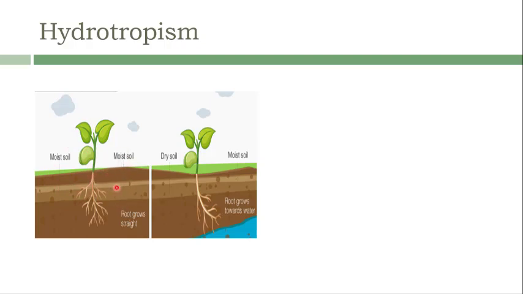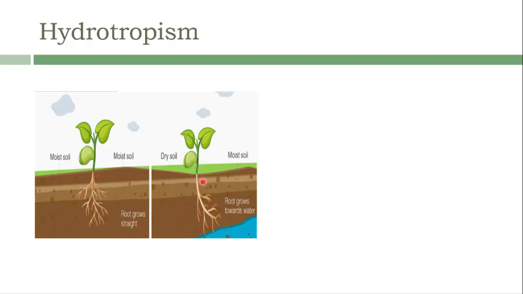If we have moist soil, a soil that also contains some water, and moist soil is present on both sides of the plant, then there is no difference in the concentration of water on both sides of the root, so the root is growing straight. It is not bending towards either side, because moist soil is present on both the right and left sides. In a three-dimensional picture, the root is growing straight, with no curvature of the root toward the stimulus.